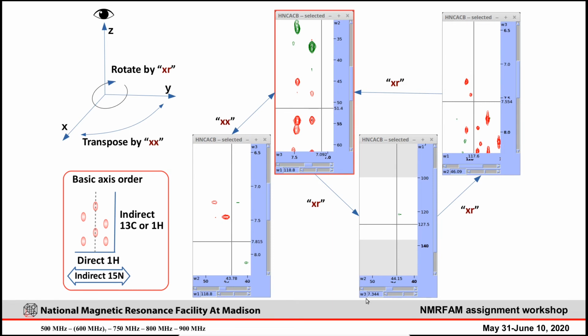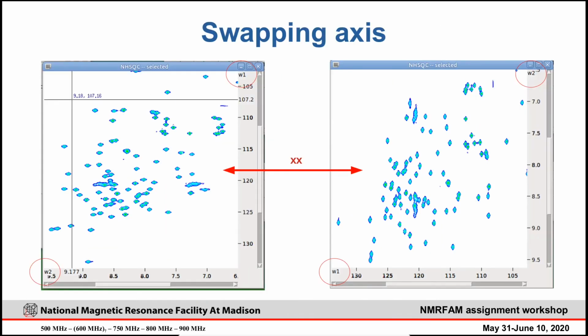You can just play around with XL until you get the dimension you want in the Z axis, and then you can simply use XX to swap the axes between X and Y dimensions. So while we have NHSQC, just type XX to swap the axes.